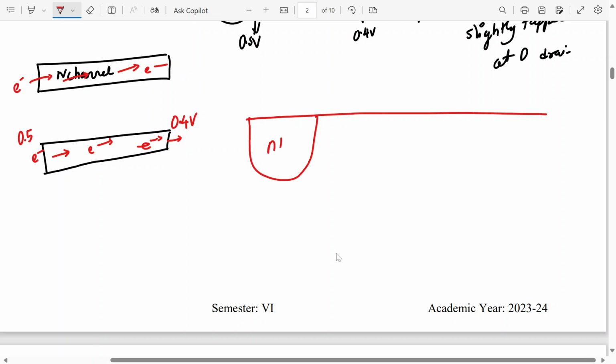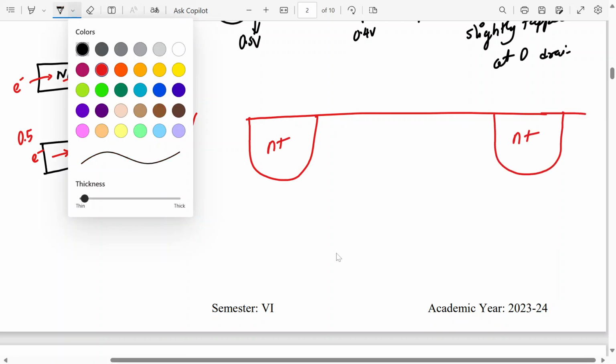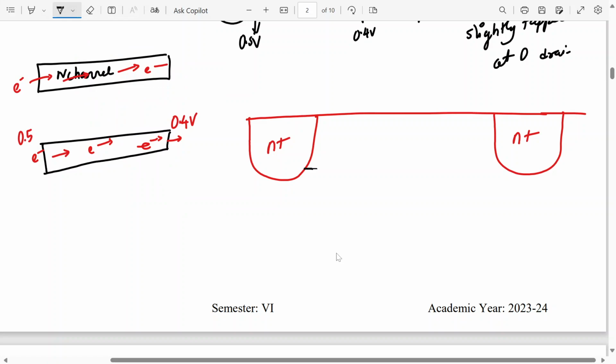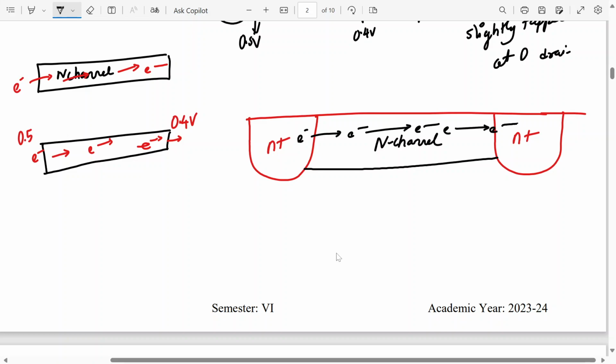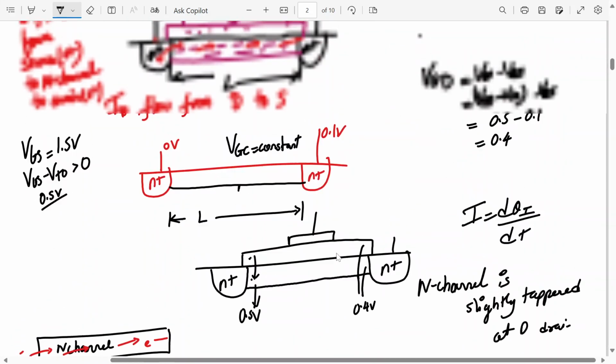This is the N plus region, and the channel will not make much difference. It's almost like this, slightly tapered. So the electrons here can easily flow without any problem. The channel is almost uniform, so that's why it's a straight line.